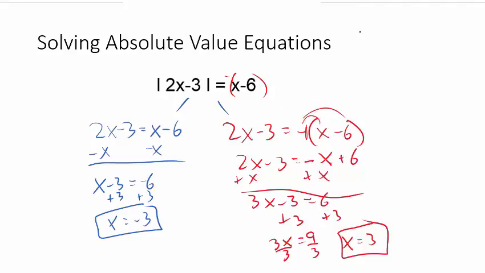Let's check the first one. We'll do this up in the corner. So we'll do 2 times negative 3 minus 3, and we'll do this in absolute values here, is equal to negative 3 minus 6. So 2 times negative 3, that's negative 6 minus 3 in absolute values.